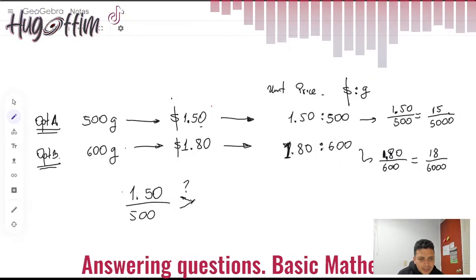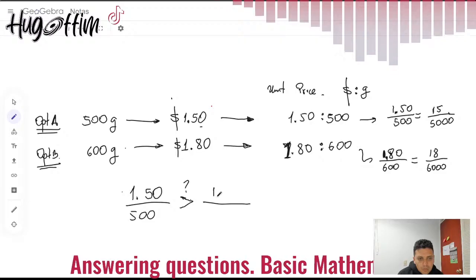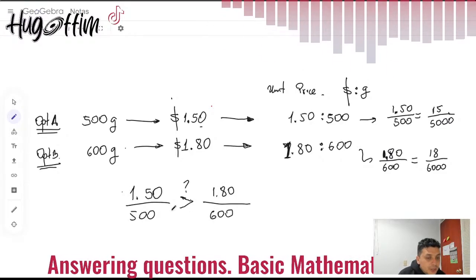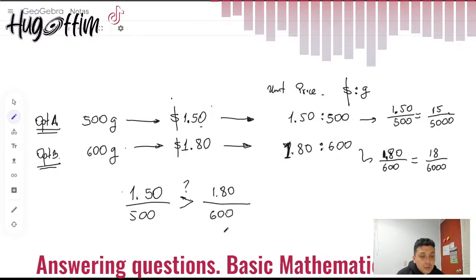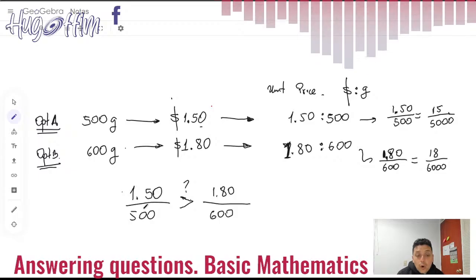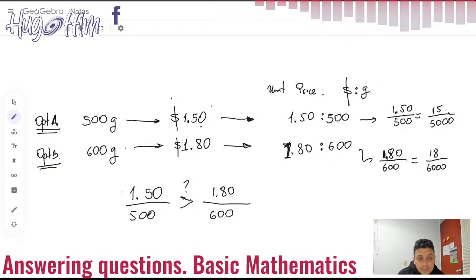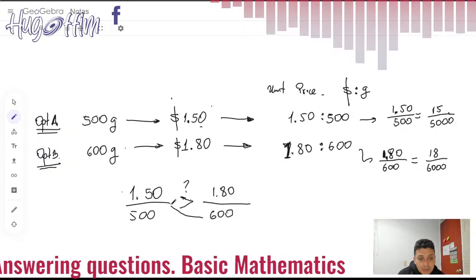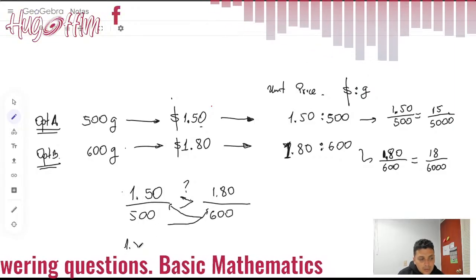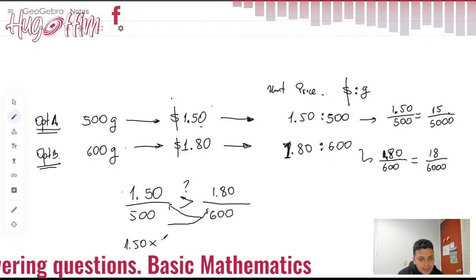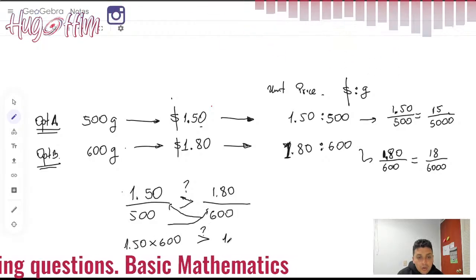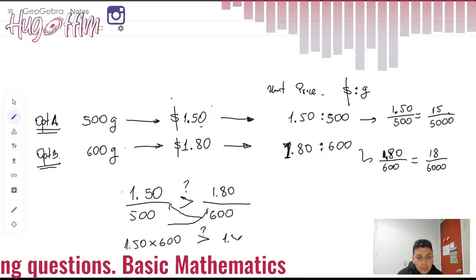I'm going to put greater than 1.80 over 600. If you want to compare two fractions, you have two options: common denominators, or you can multiply denominator with numerator by cross product to get the answer. So I'm going to get 1.50 times 600, and I want to know if it's greater than 1.80 times 500.